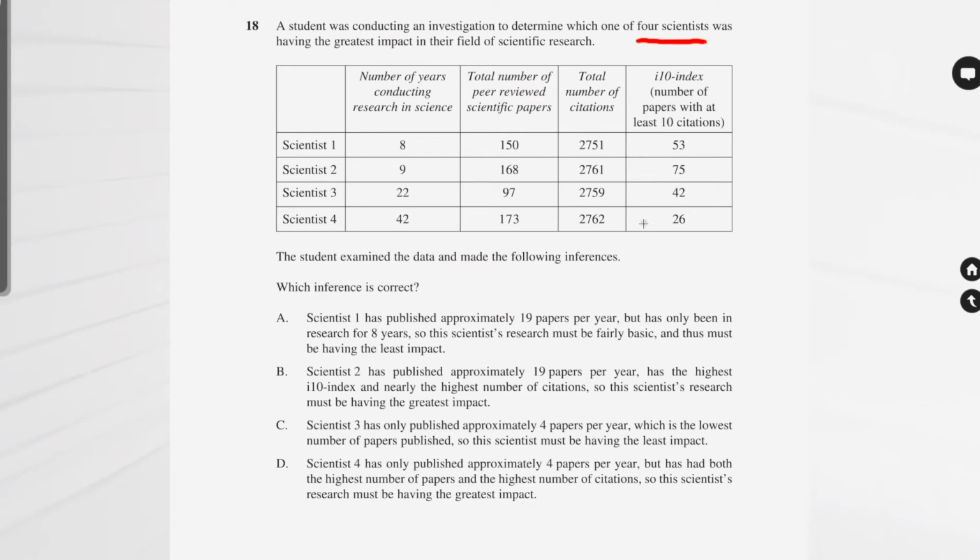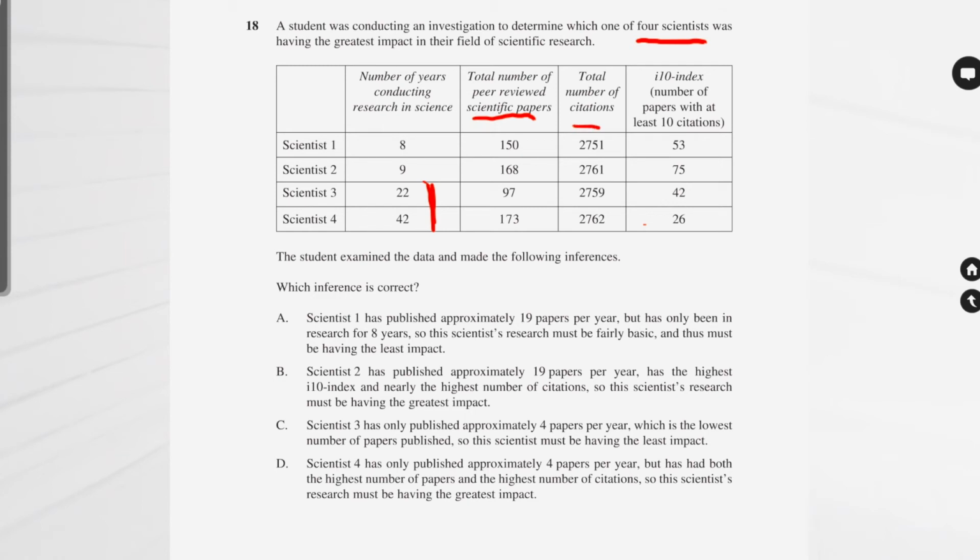And so what we've got to do there is have a little bit of a look at the different things here. One of them is the number of years conducting research. People could argue that maybe that's important. Number of peer-reviewed papers, considering we talk so much about that, is probably a pretty good indicator.